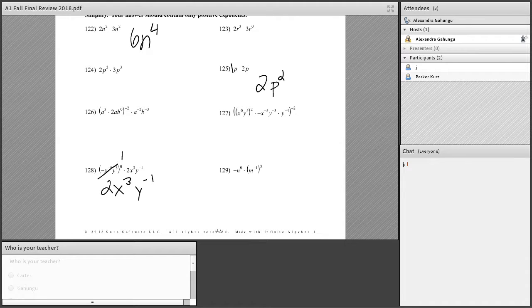And what I usually say is if I have a negative exponent, I change the sign, cross the line and change the sign. So the 2x cubed doesn't have a negative exponent, so it stays in the numerator. But then this y has y to the -1, just swings it down.